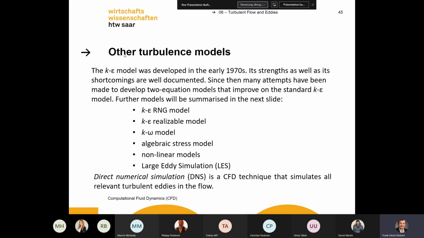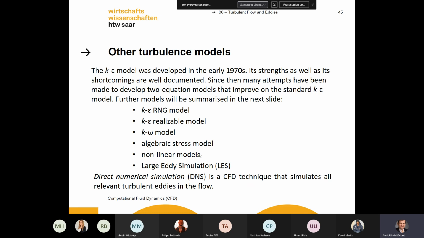Okay, here's a list of other alternative models. You can use many of them in ANSYS, you just switch them on. We have the K-epsilon Reynolds stress model, the K-epsilon realizable model. You can have K-omega models.